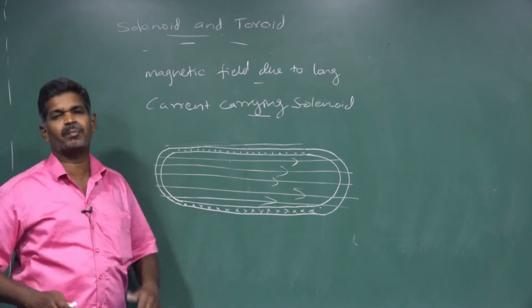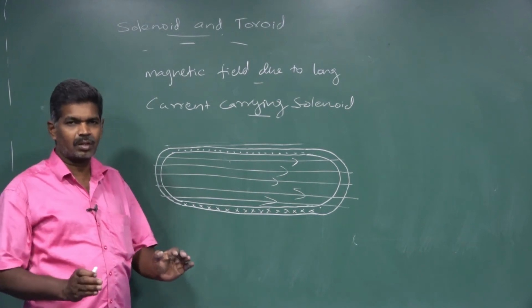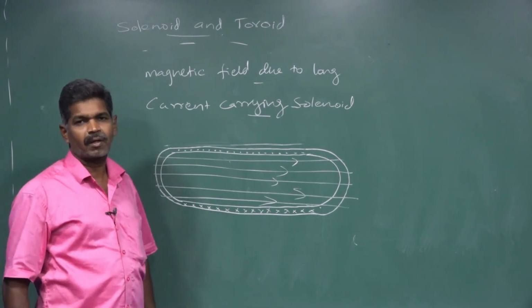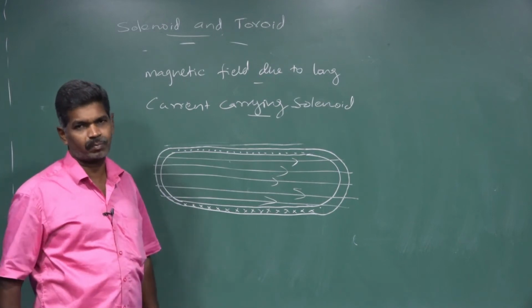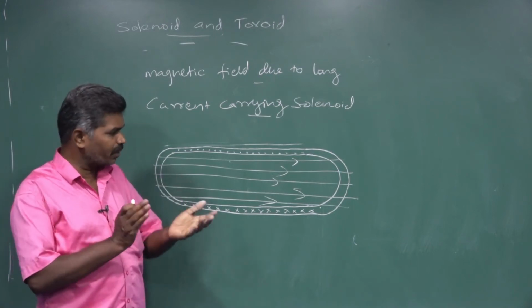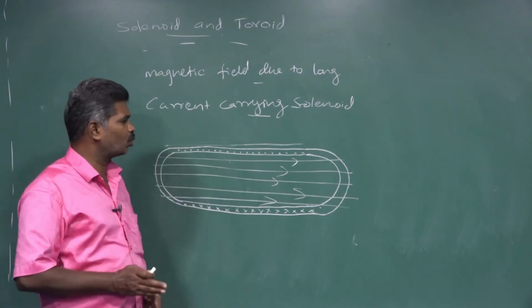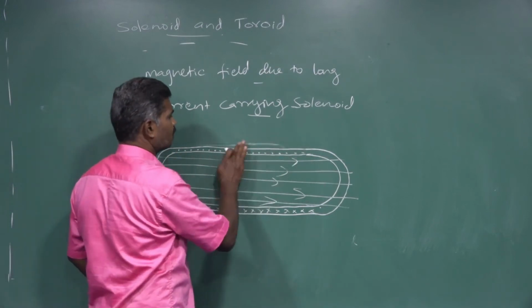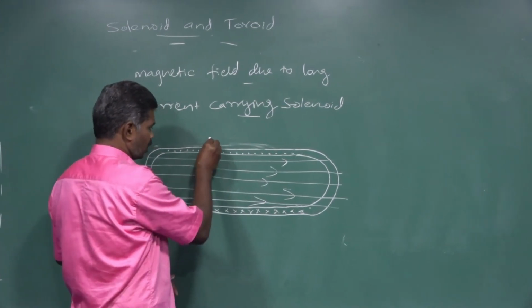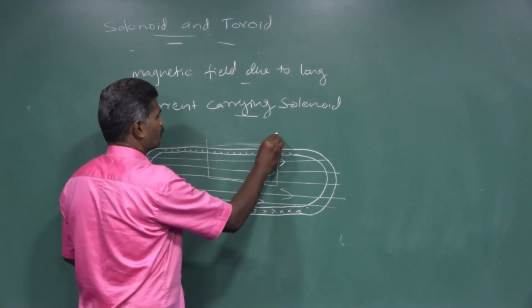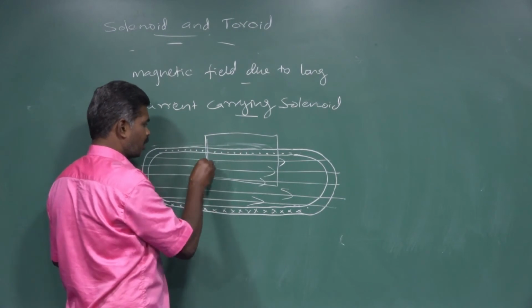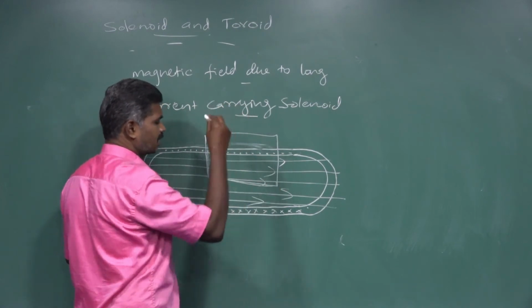For applying Ampere's Circuital Law, we want to draw an imaginary Amperean loop. That loop takes a part inside and a part outside, so we take the loop in a rectangular shape. This is an Amperean loop, rectangular in shape.